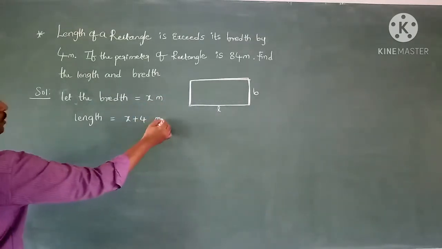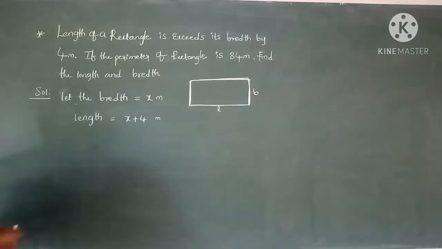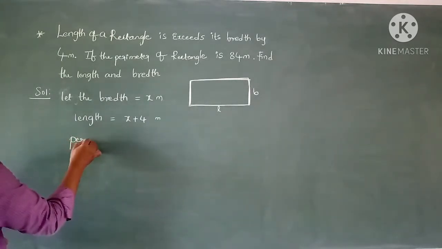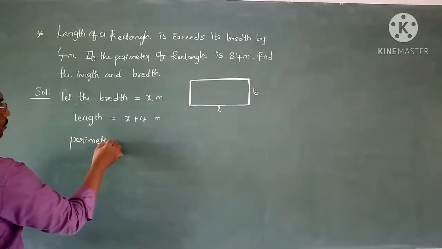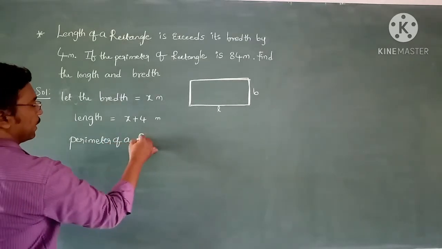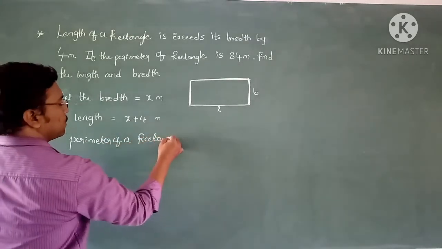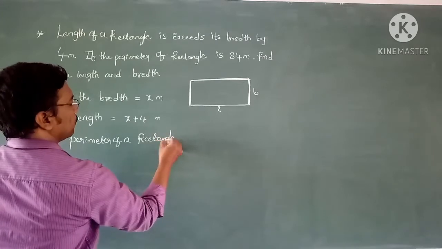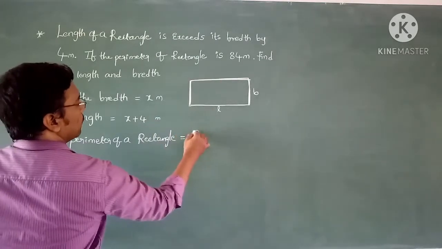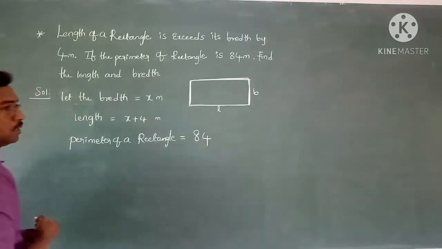See, perimeter of a rectangle. The formula for perimeter of a rectangle is given. How much is given? 84 meters is given.